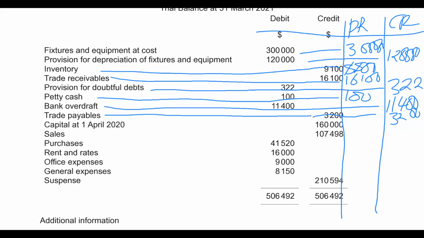Okay, no question. Let's talk about capital. With capital at 1st April 2020, where do you record capital? Is it on the credit side or the debit side?